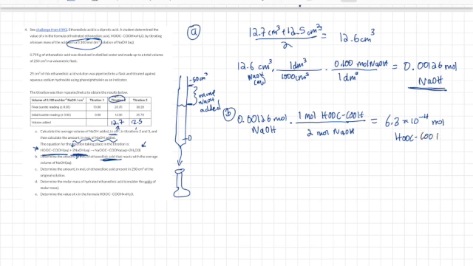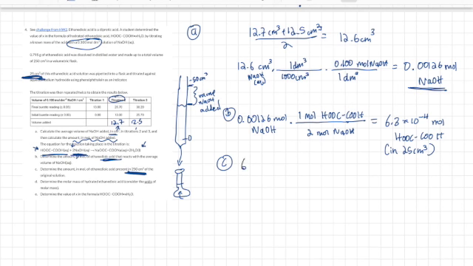And as a reminder, that was in my Erlenmeyer here, so in 25 cubic centimeters of ethane dioic acid. Remember, we just titrated 25 cubic centimeters. So then in C, I need to find the amount in all 250 cubic centimeters.